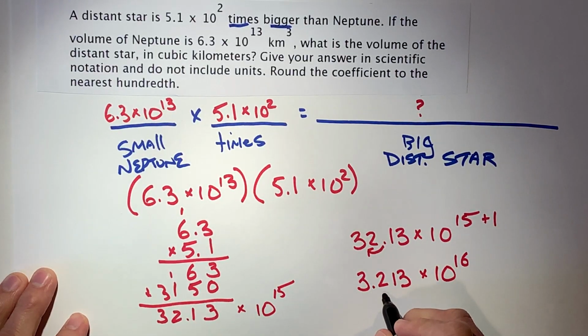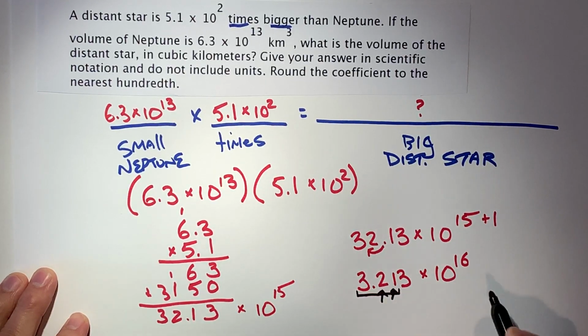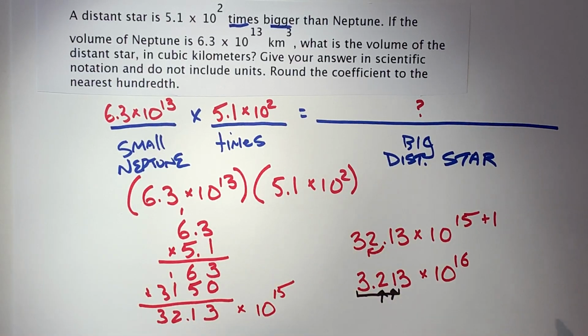That's 2 decimal places, which means we look at the first 2 decimals. There's the first one. Here's the second one. And we look at the 3rd decimal place to decide if we need to round up or stay the same. And in this case, the 3 is not 5 or above, so I'm not going to give it a shove. So here's my answer. 3.21 times 10 to the 16th.